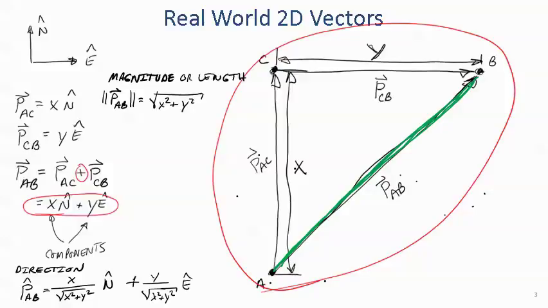Now this little hat thing indicates a unit vector. And you notice that this hat also shows up here and here. So we also consider those directions to be unit vectors. But the nice thing about a unit vector is that the magnitude of a unit vector is equal to 1.